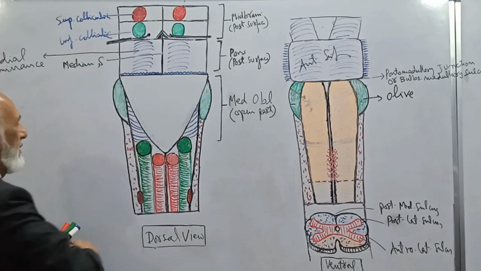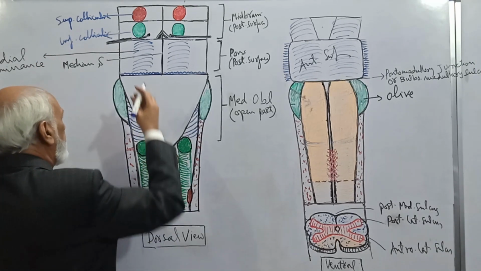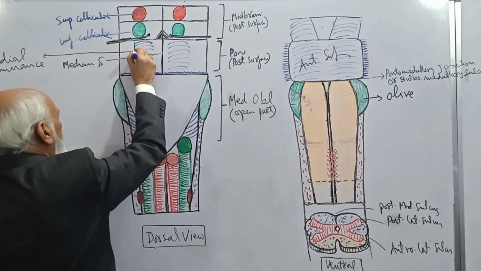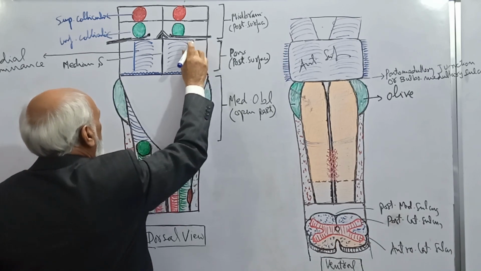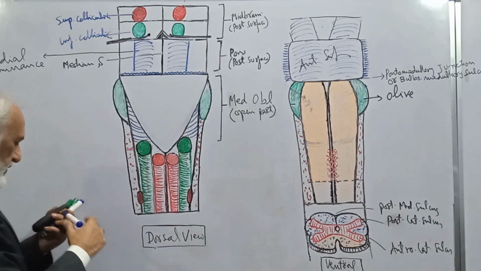Now, the lateral limit of the medial eminence is marked by a vertical sulcus known as the sulcus limitans.